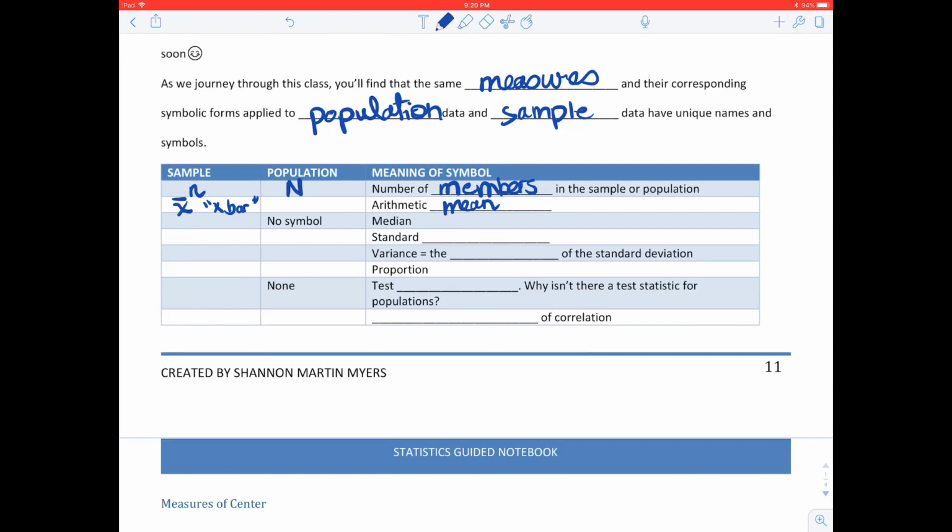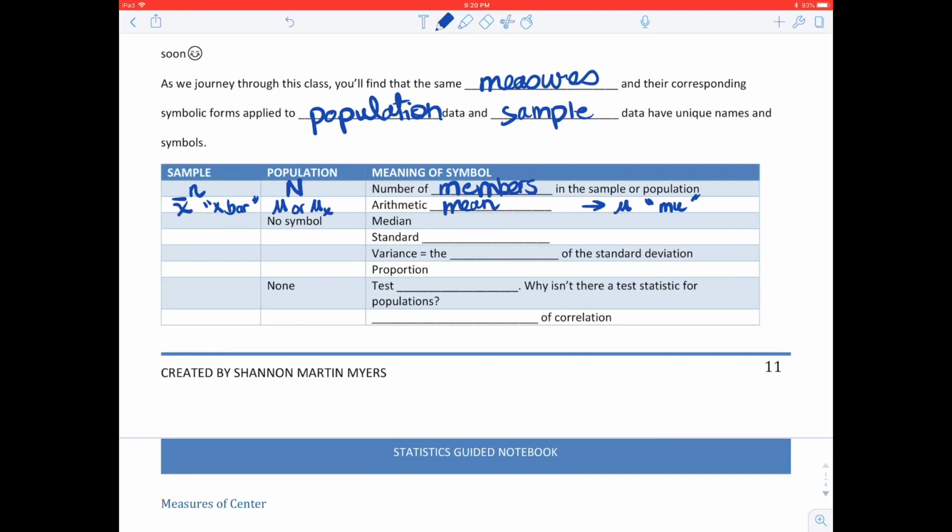Now, if you see something like this, it's the Greek letter mu, or mu x, right? So I'm just going to do a note over here. That's how you pronounce it, mu, like M-U. Almost like moo from a cow, but mu.